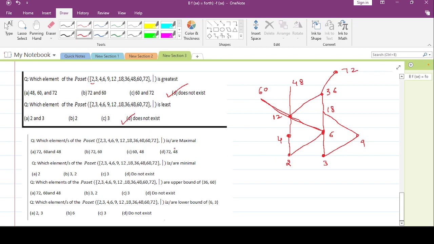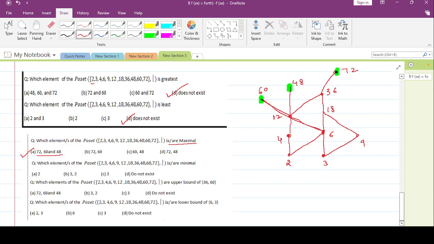Which elements are maximal elements? Maximal elements are those elements of the Hasse diagram which are found at the top of the diagram, and which are not further in relation with any other elements. You see that this element and this element are not further in relation with any other element. So the maximal elements are 72, 60 and 48.